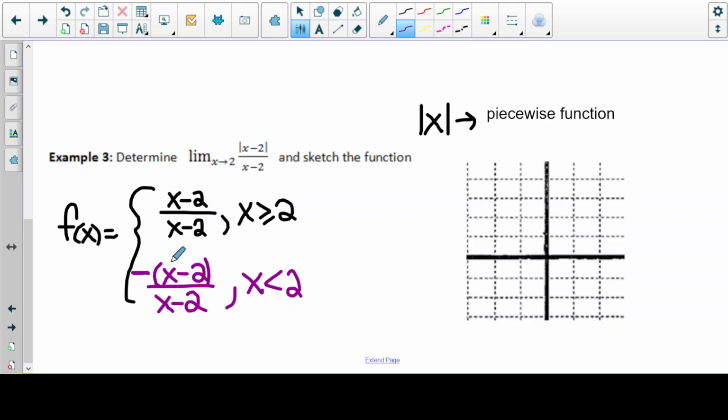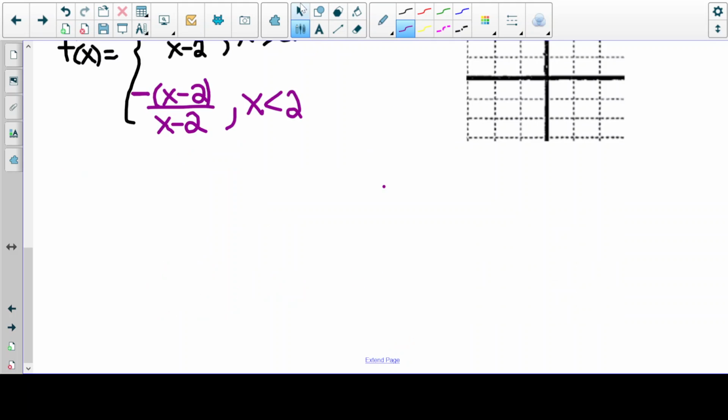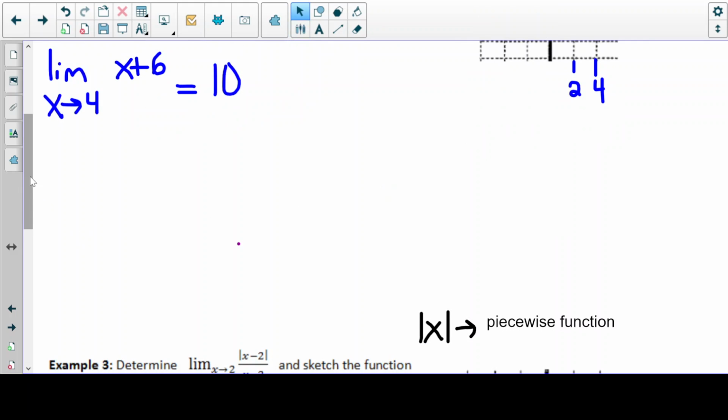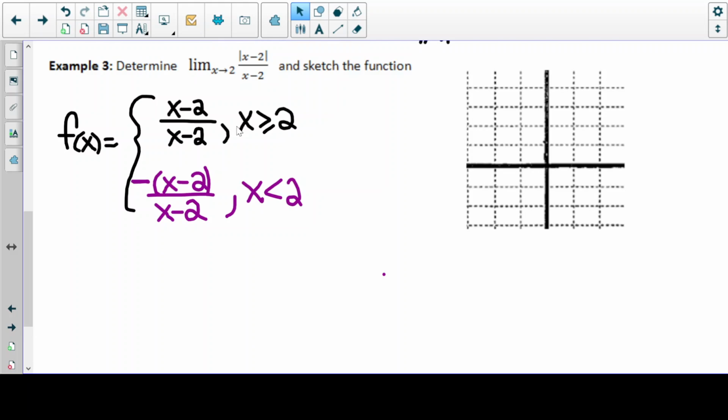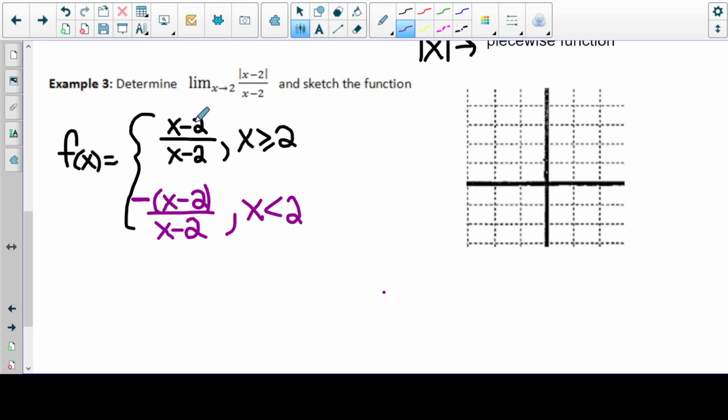Now, in terms of finding the limits, or how our function looks, for x greater than or equal to 2, well, 2 can't happen.